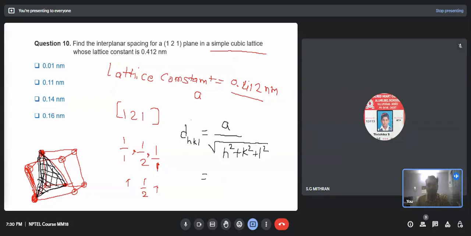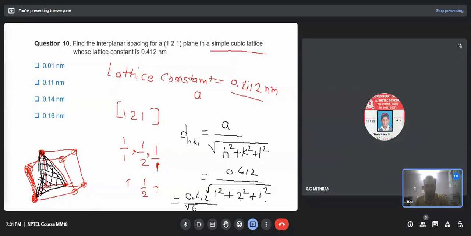Since the lattice constant value is 0.412, I will write 0.412 divided by root of the HKL values: 1 square, 2 square, and 1 square. So the value will be 0.412 upon root of 1, 4, and 1, so 6. So root 6.